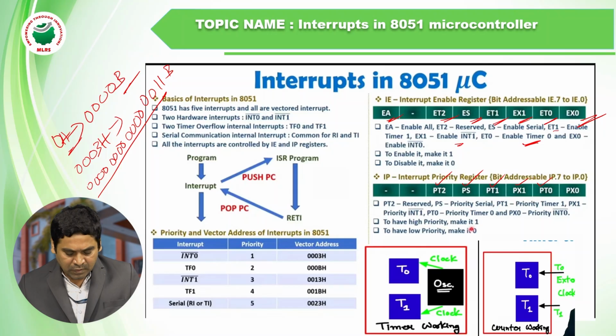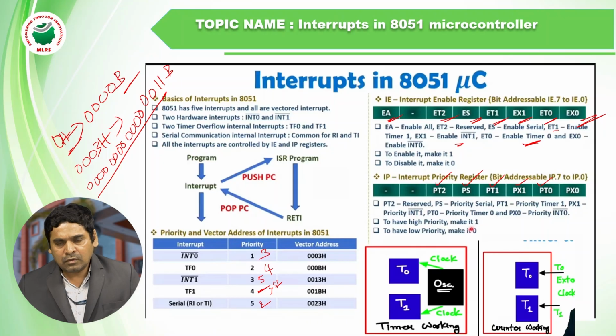Here I give TF1 first priority. Then it automatically follows: second is either TI or RI, third priority INT 0 bar, fourth priority TF0 and fifth priority INT 1 bar.